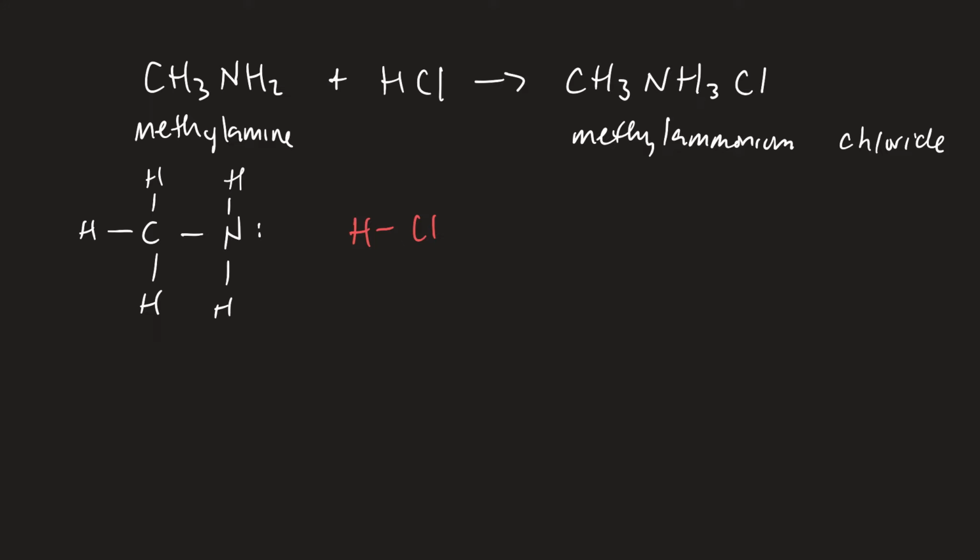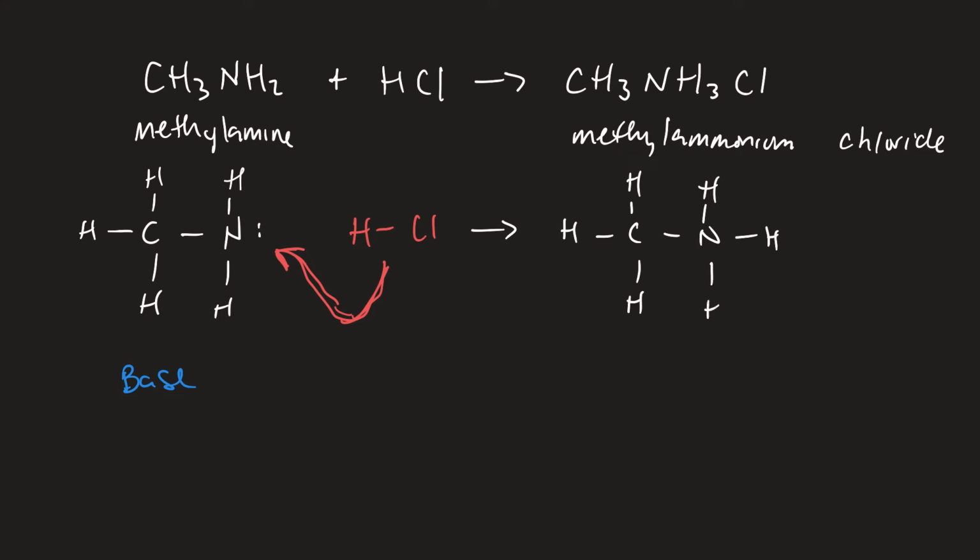Because this is a base, it's going to accept the hydrogen from the acid, and specifically the hydrogen is going to go in here. When that's the case, what we're going to have now is the methylammonium ion. The methylammonium ion looks like this, with that new H attached, and I'm going to highlight this new H here.